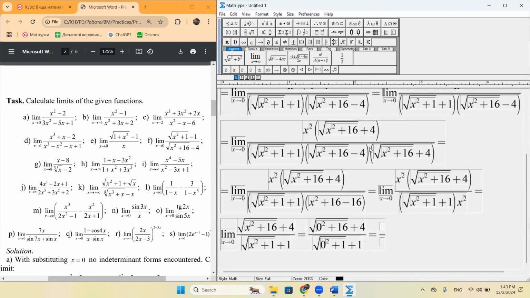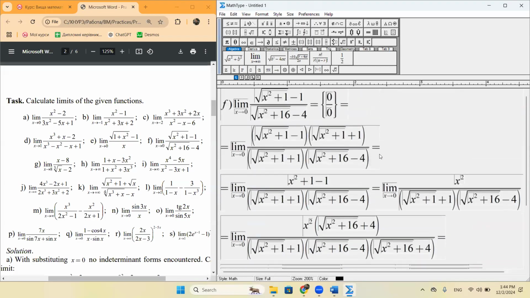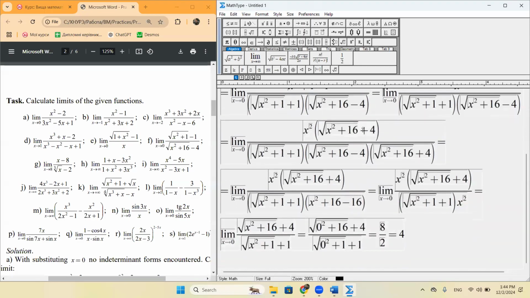So basically we have 8 by 2, so it equals 4. Any questions about this task? No questions. Okay, no questions, so let's continue.